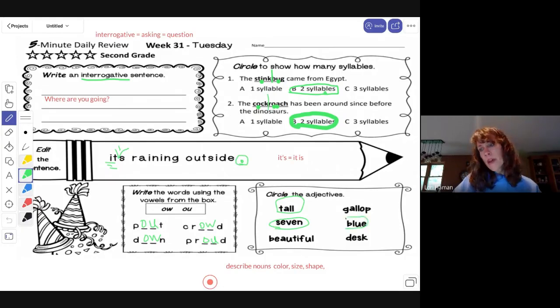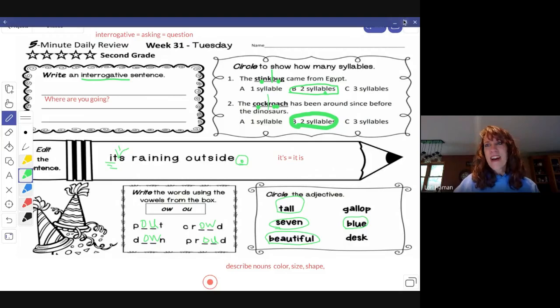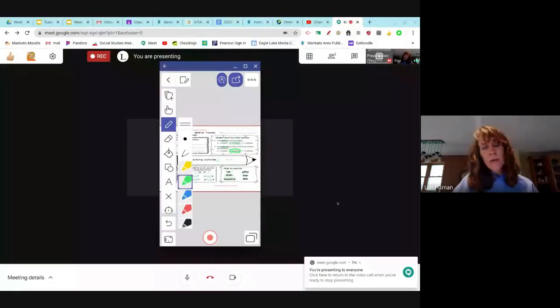A blue pen, a blue shirt, a blue sky. It describes, and color words are adjectives. Beautiful. Sure, that describes a beautiful sky, a beautiful person. Desk? No. Desk is a thing. That would be a noun. So we have them all here.